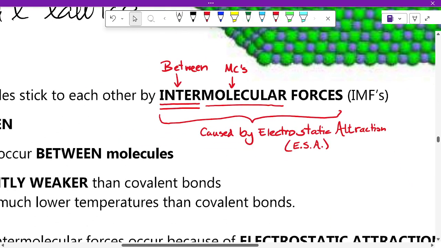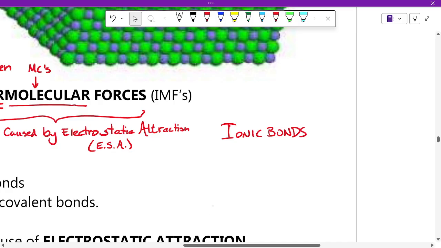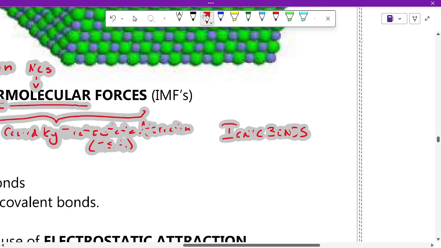So these are between molecules, and you know what? Bonds are stronger. Covalent bonds are strong. Ionic bonds are strong. Intermolecular forces are weak. Okay? Ionic bonds are strong.